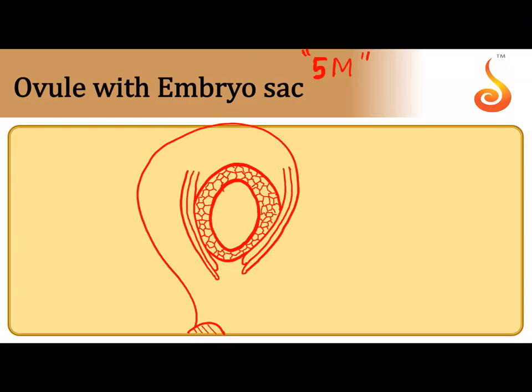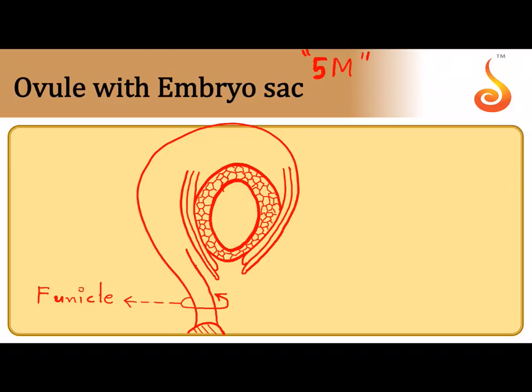Now embryo sac, 3 cells, which is the chalaza. Before that, let us label the stalk. This is the stalk. Let me put an arrow like this. What did we call the stalk? Funicle. Very good.